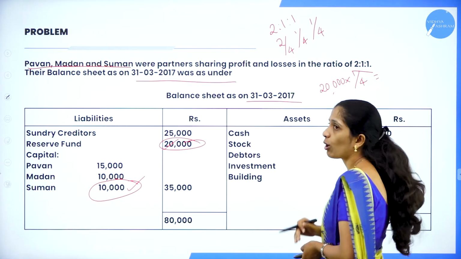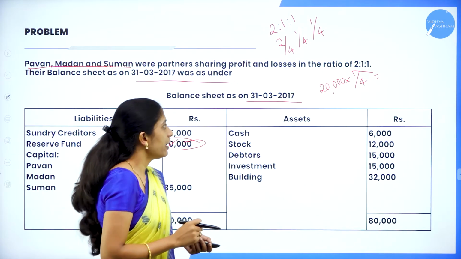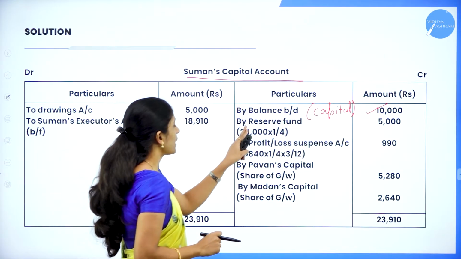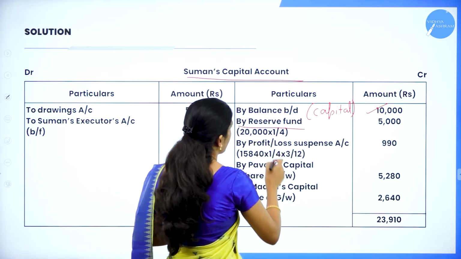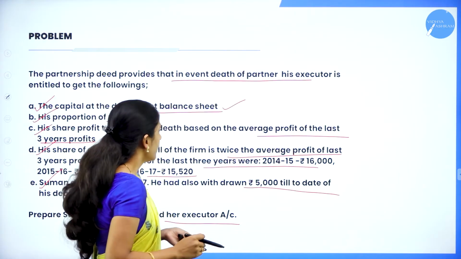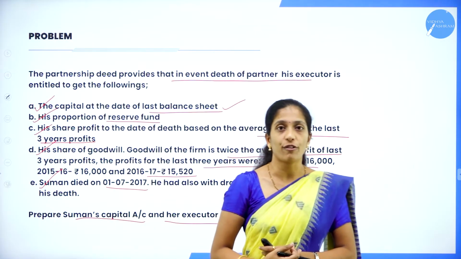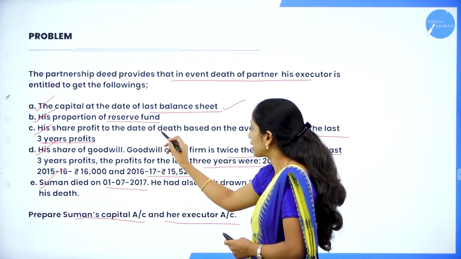Now her share of reserve fund has to be given. So how to calculate? 20,000 into 1/4 will get 5,000. Clear?